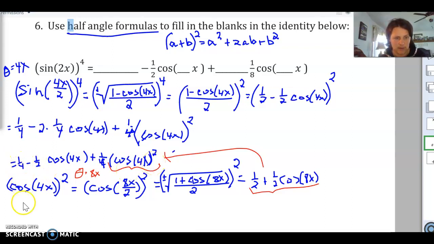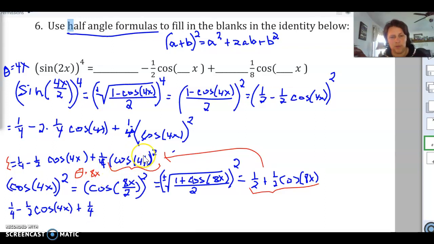So now I've got to take that answer right here. This is where I'm coming from. So I'm going to take that answer that I had and rewrite it. So now I have 1/4 minus 1/2 cosine of 4x. All of that was really good. Then I had plus 1/4, and I did not want that exponent here.